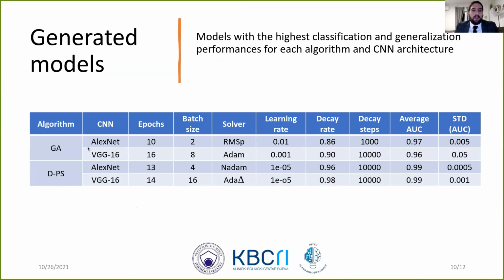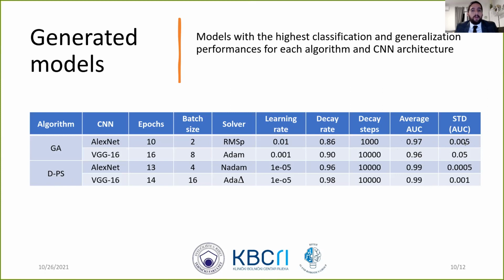On the other hand, if the genetic algorithm is used, we can see that a little bit lower classification and generalization performances are achieved, but it must be noted that, regardless of a little bit lower value in comparison with discrete particle swarm, these classification and generalization performances are still pretty high.